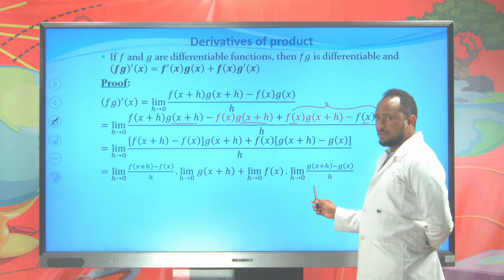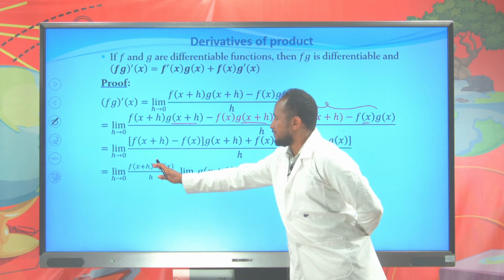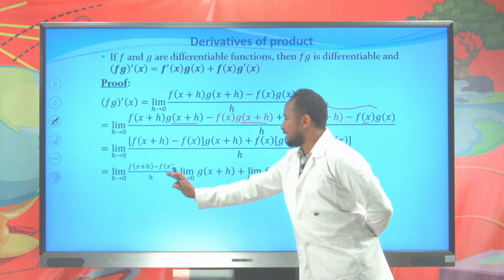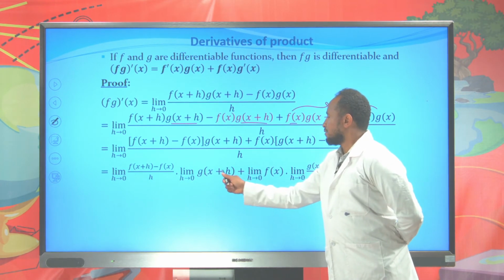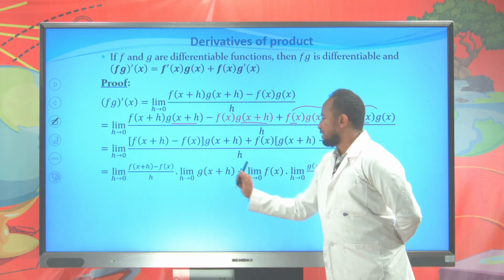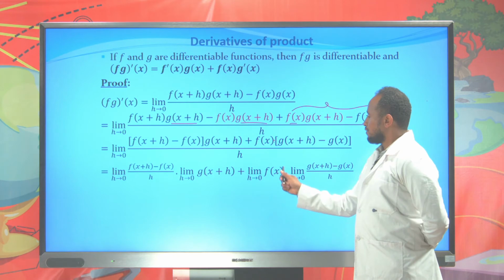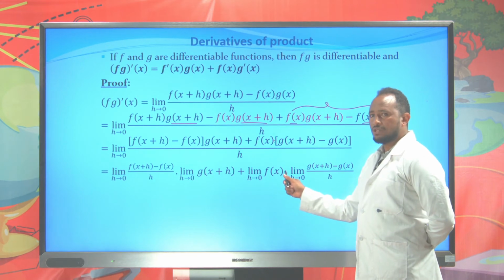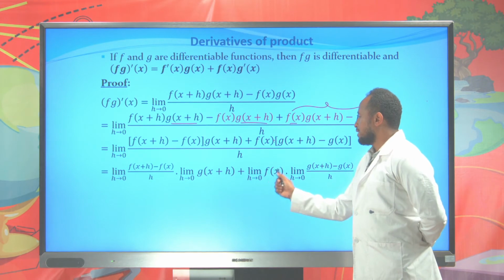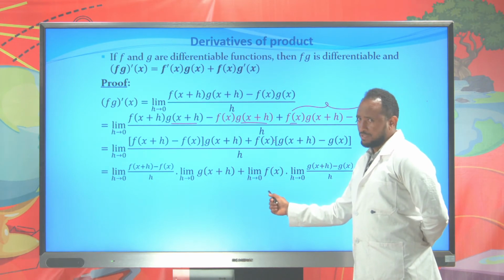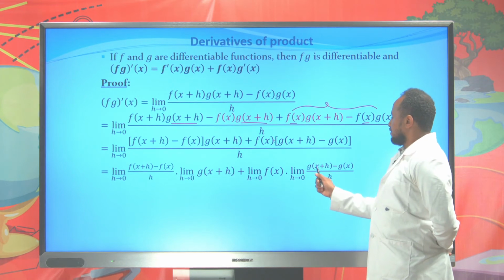This part will be f derivative of x, and when h goes to 0, g of x plus h becomes g of x. Plus the limit of f of x is independent of h, so it is constant in h. Therefore its limit will be f of x itself, times the derivative of g at x.